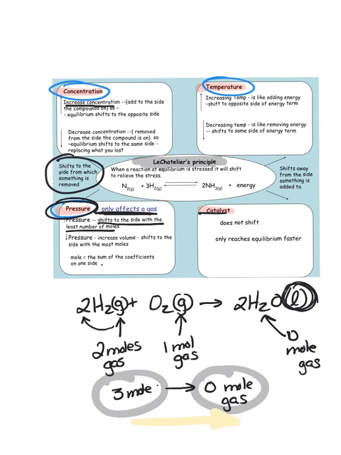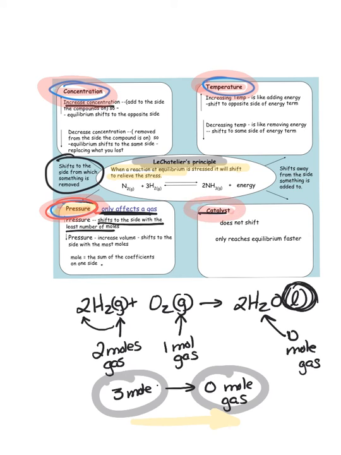You have to only count gas moles, not liquids or solids or aqueous, because the only thing pressure affects is gas. So add the gases up, and see which side has less, and you'll see which way it shifts. Now this is called Le Chatelier's principle. Which way is my equilibrium going to go if I change the concentration, change the temperature, or change the pressure?